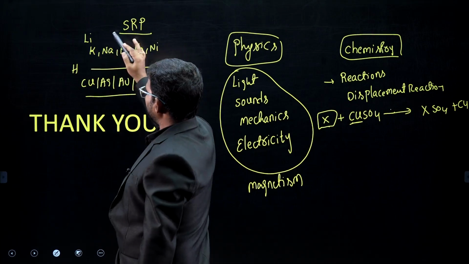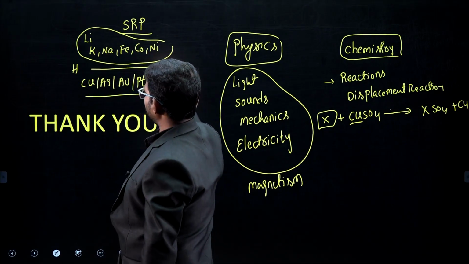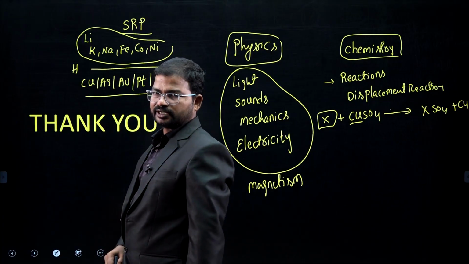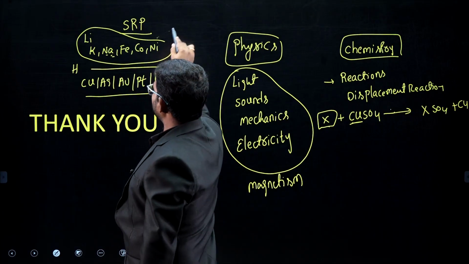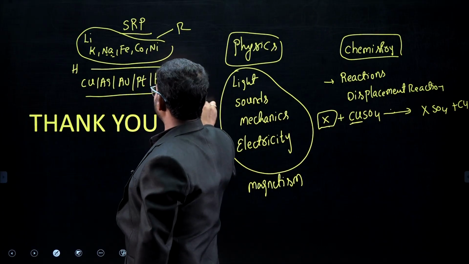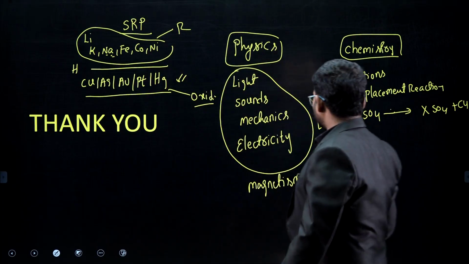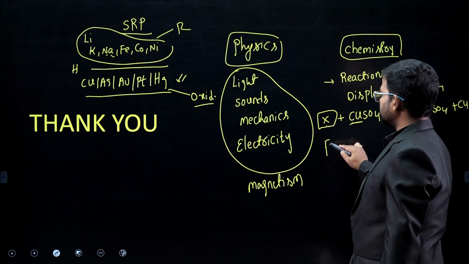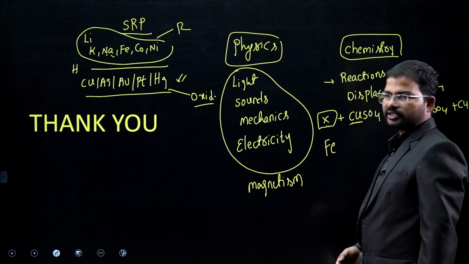Almost all the metals, the rest of the elements, exist here. Only these 5 metals exist below hydrogen. These are less reactive. These are more reactive. These are reducing agents. These are oxidizing agents. So that's why here we have to consider either iron, cobalt, nickel, whatever it is.